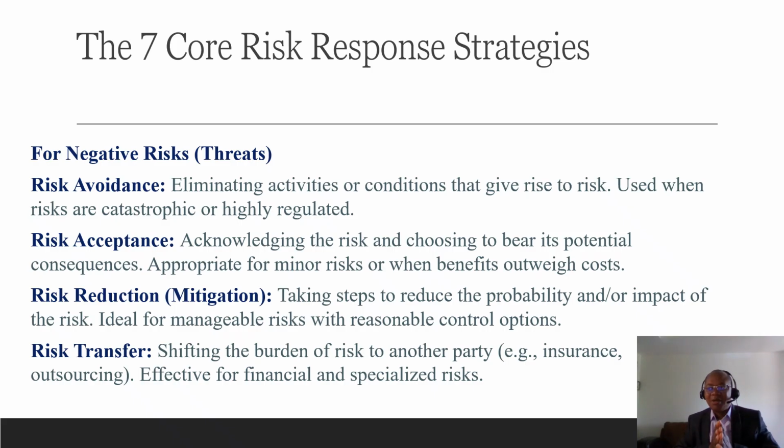This is appropriate for minor risk, when the benefits outweigh the cost. So we just say, okay, it is what it is. We'll live with it. The next strategy is risk reduction, oftentimes called risk mitigation, which was basically the subject of our previous videos.